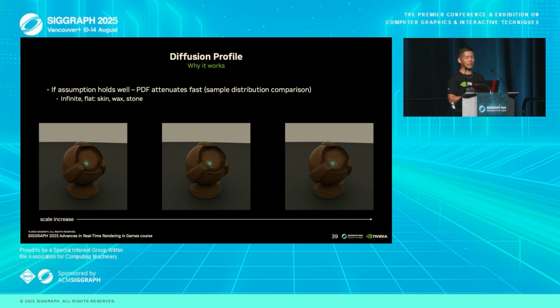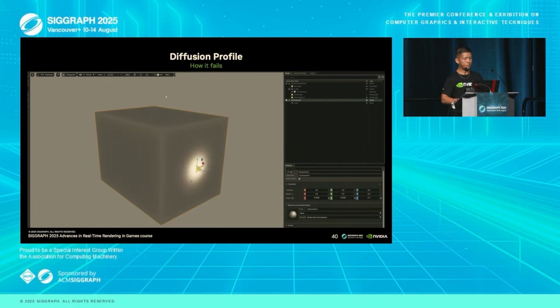Eventually, samples scatter so far that they violate our assumptions that we mentioned earlier and create biases. You can get the same phenomenon by just taking the same material and scaling down the model with the same identical materials.